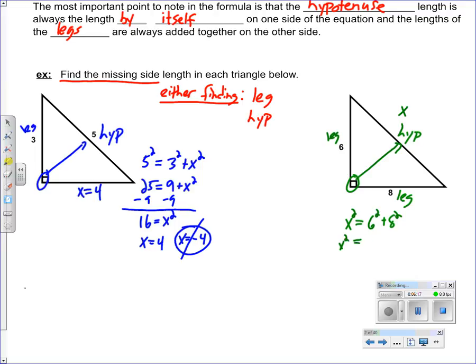So 6 squared is 36, and 8 squared is 64. Add those together, get 100, which means x has to be 10. 10 squared makes 100. The square root of 100 is 10. So our hypotenuse length is 10.